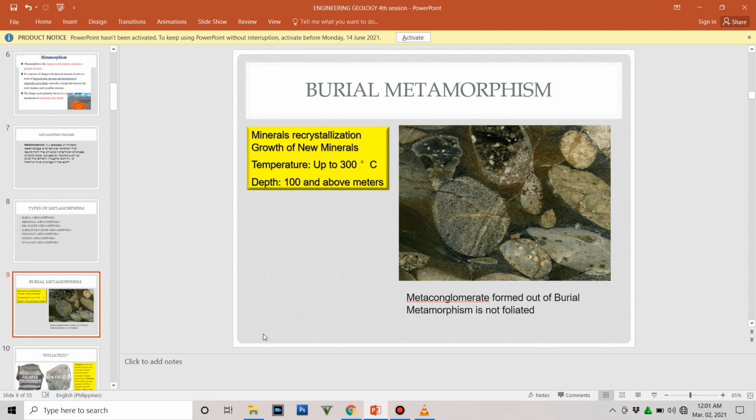In burial metamorphism, when we say lithostatic pressure, there is a confining pressure. It is a high confining pressure wherein, as confining pressure increases, rocks deform by decreasing volume. So the volume is actually decreasing, unlike in differential pressure.